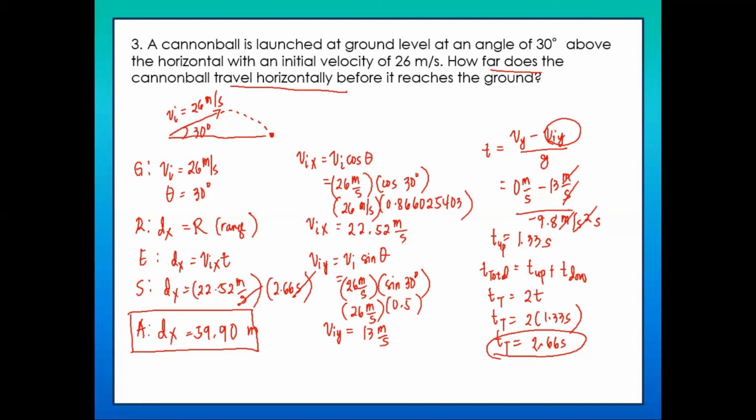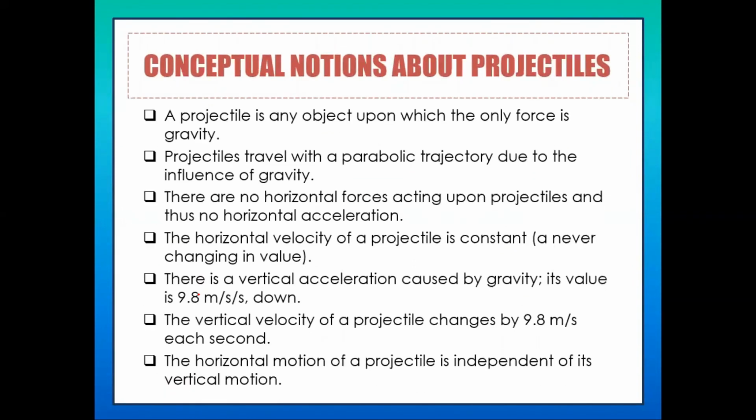Okay? Now, to end our discussion for projectile motion, always remember this conceptual notions. First, a projectile is any object upon which the only force is gravity. Second, projectiles travel with a parabolic trajectory due to the influence of gravity. Third, there are no horizontal forces acting upon projectiles and thus no horizontal acceleration.